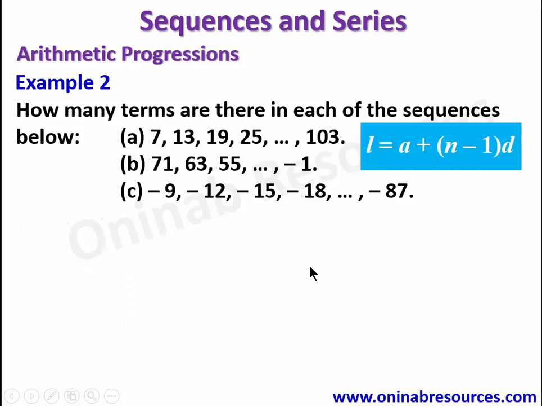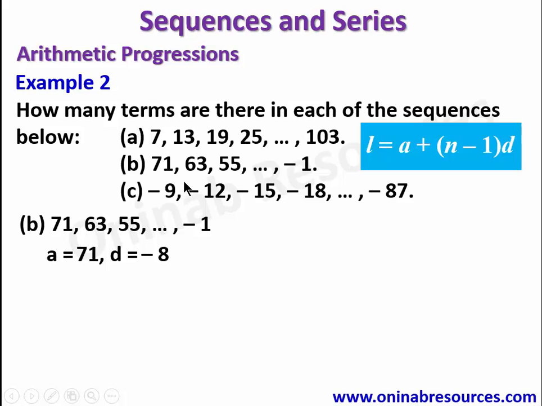So from here we go to B. For B we have 71, 63, 55 up till negative 1. The last term here is negative 1 and our first term is 71, and our d, which is the common difference, is negative 8.